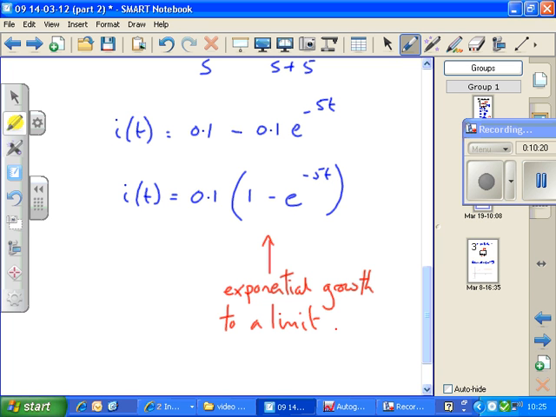And what is that limit? The limit is this number outside the bracket. So it's going to grow until the current reaches a steady value of 0.1 amps.